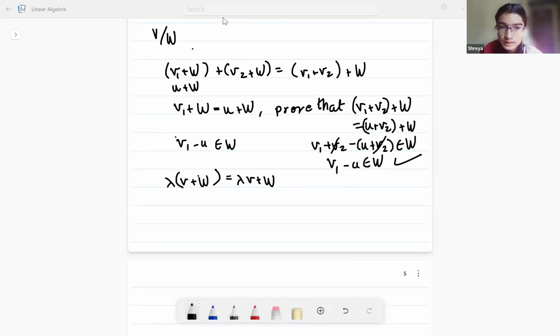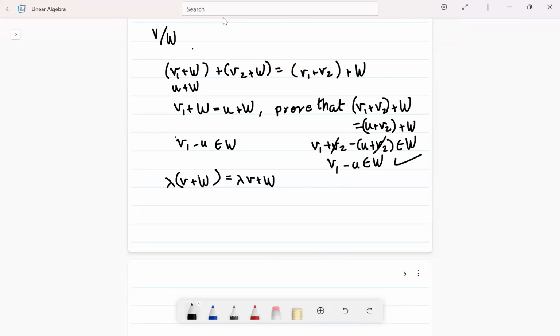No, like this thing, we're defining it to be like this. We're not scaling the whole set by lambda. We're just defining our scalar multiplication to be like this. And what we need to show is that this is well defined. So if we replace V by any other member of the same coset, this works out properly.